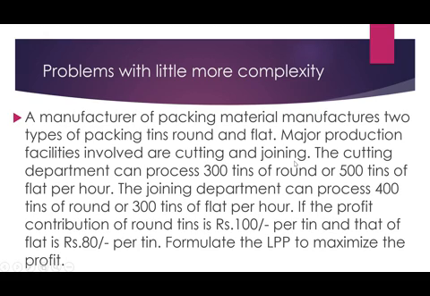So to manufacture round tins and flat tins, he has two jobs to do. One is cutting, other one is joining. The cutting department can process 300 tins of round or 500 tins of flat per hour.